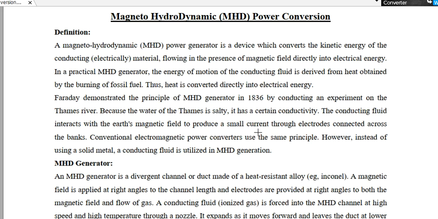So, following these experiments, scientists tried to apply the same principle to generate useful power, and finally in 1940 the first MHD generator was developed.